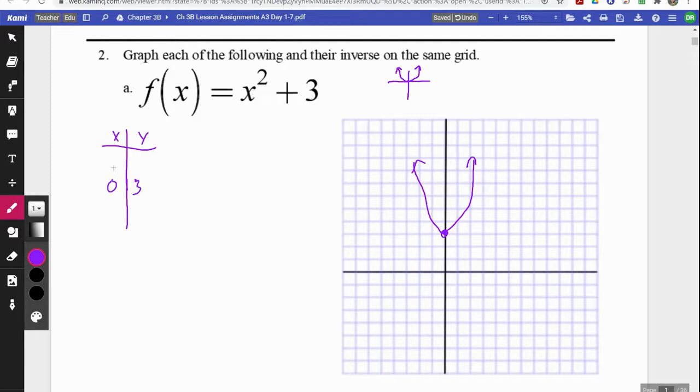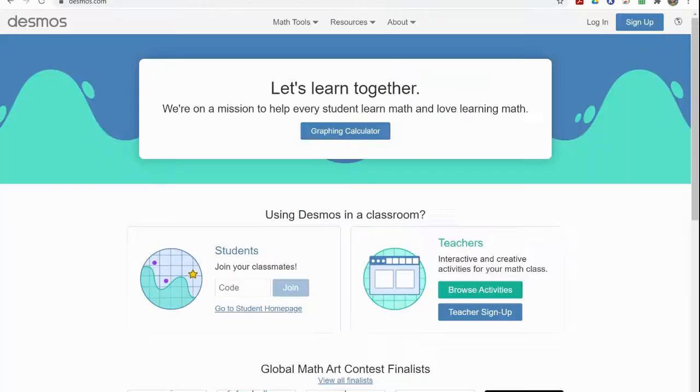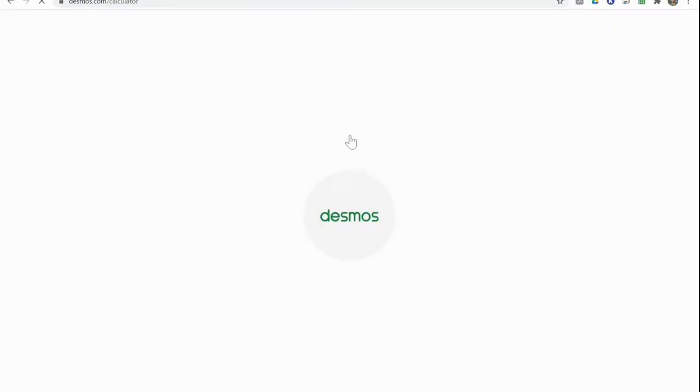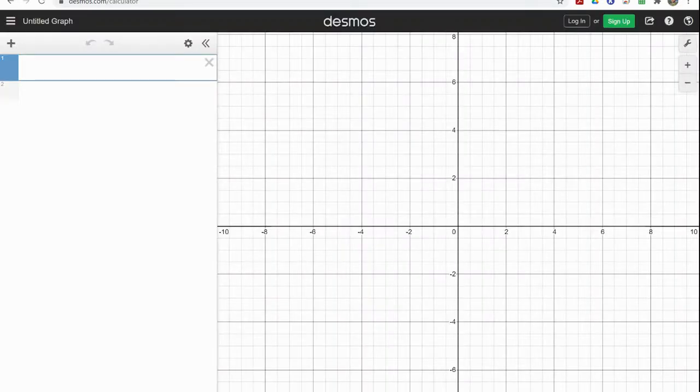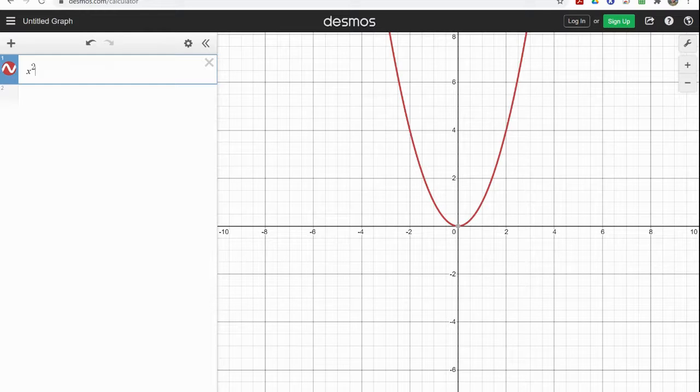And so a good picture of the graph then would be a few points to the left of 0 and to the right of 0. So negative 1, negative 2, 1, 2. Those are the ones we want to use. And you can type this on Desmos if you want to see what it looks like. If we can't remember, this is just x squared plus 3.